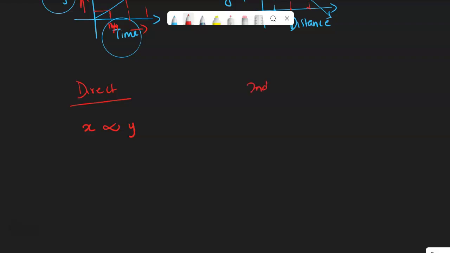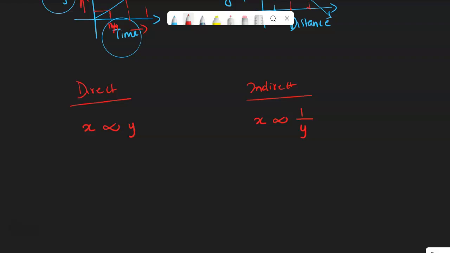And the indirect proportion can be written as x is proportional. Inverse proportion or indirect proportion can be written like this. So if it's an indirect variation or indirect proportion, we will express like this. If it's a direct variation, we will express like this.